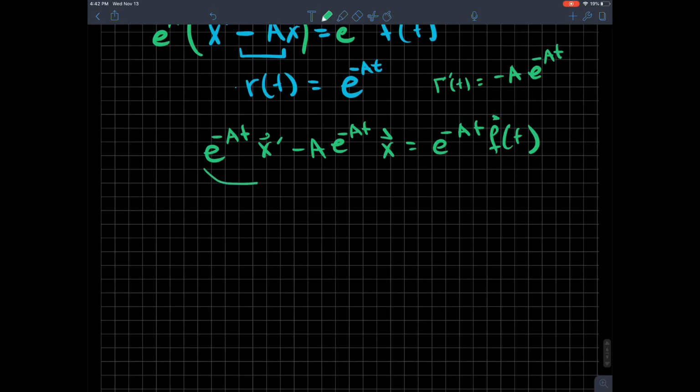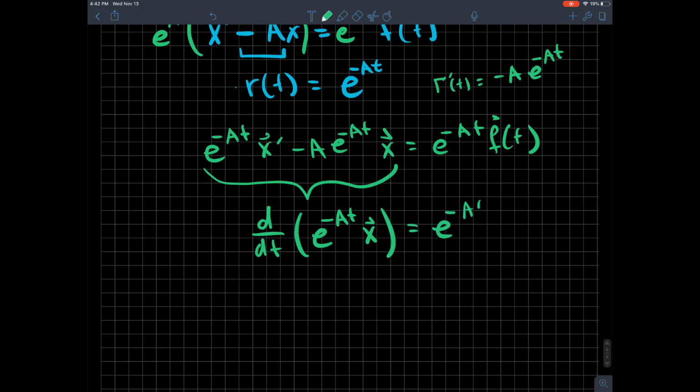We can then collapse this entire piece to the derivative with respect to t of e to the negative at times vector x. On the right, we're going to get e to the negative at times f of t.